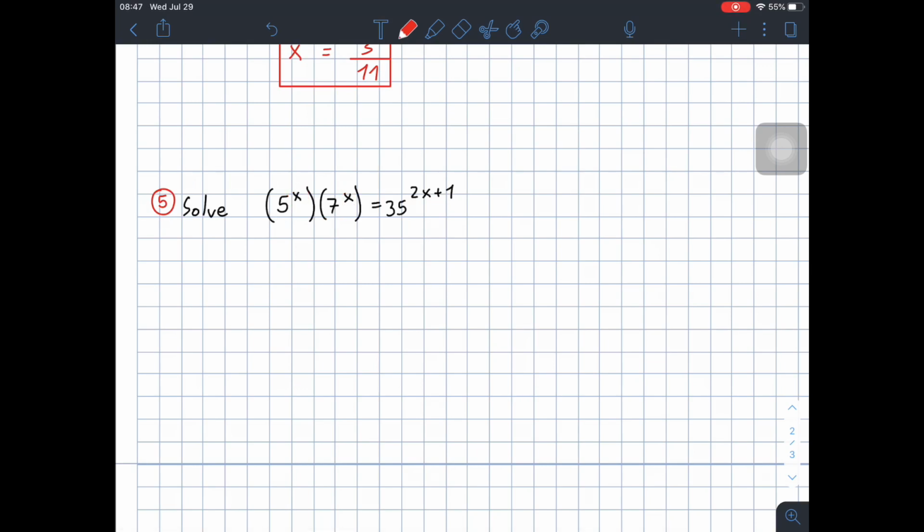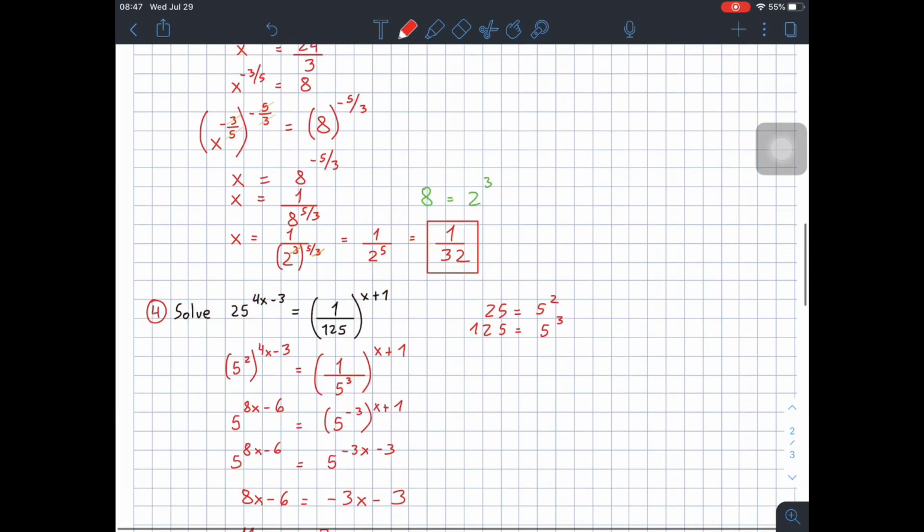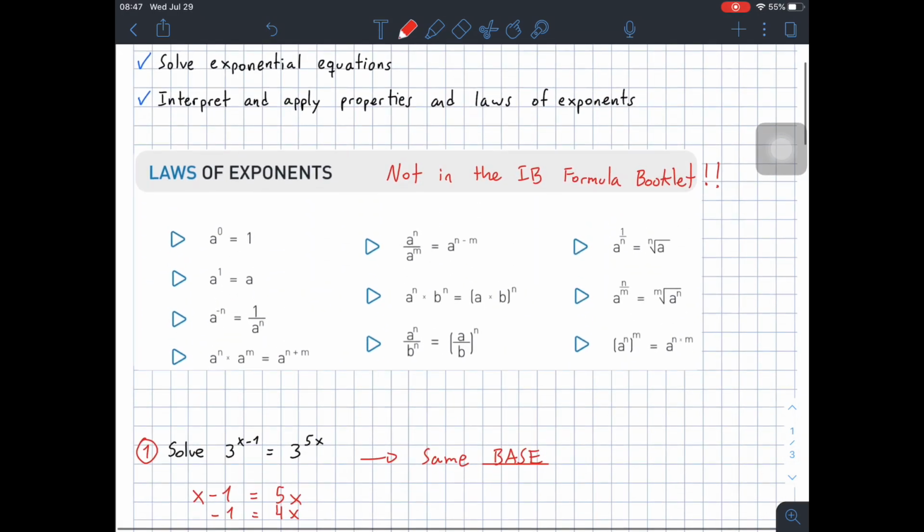If you take a look at the laws of exponents I posted in the beginning, you see that we have this law over here, a to the power of n times b to the power of n. That means different bases. And what can we do if they both have the same exponent? I can multiply both numbers and take them to the same exponent, right?